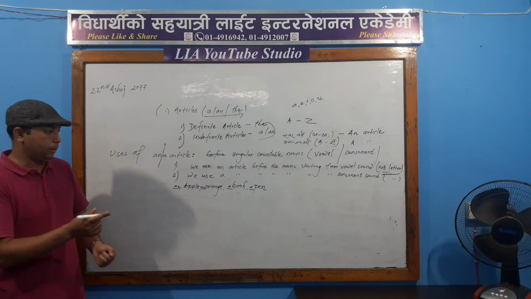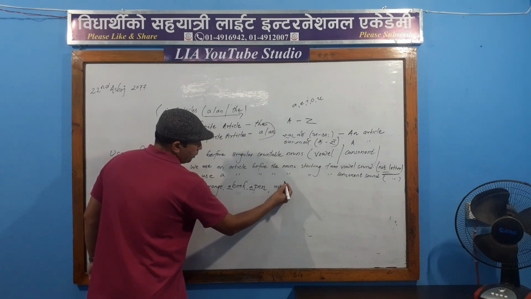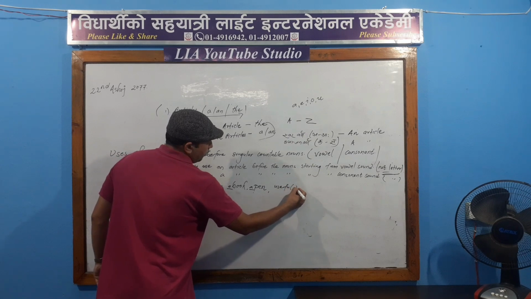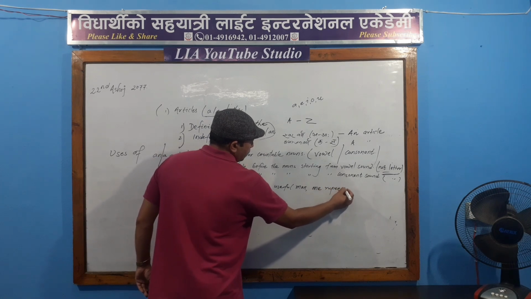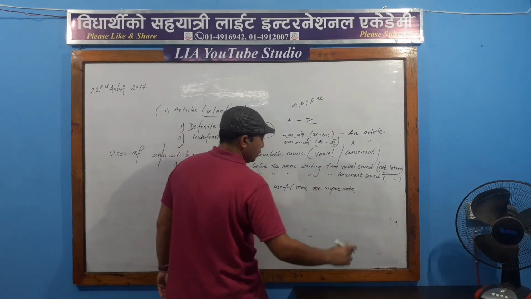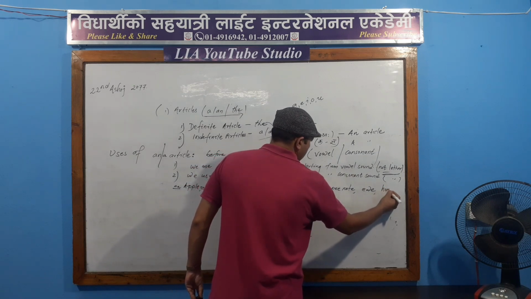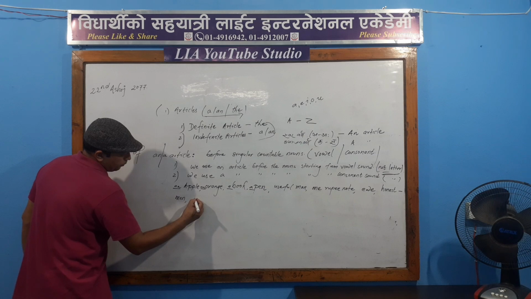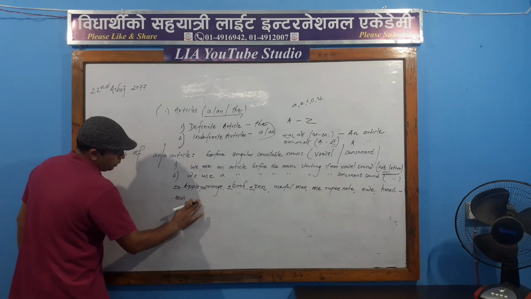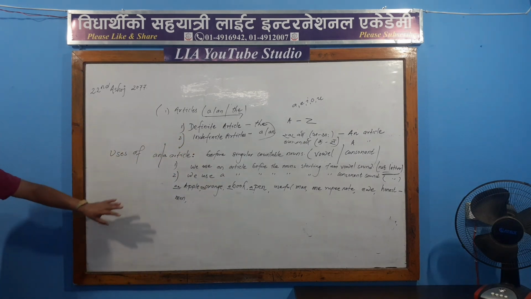There are some words, for example. Let's write: useful man, one rupee note, easy, honest man. For example, it will be enough.